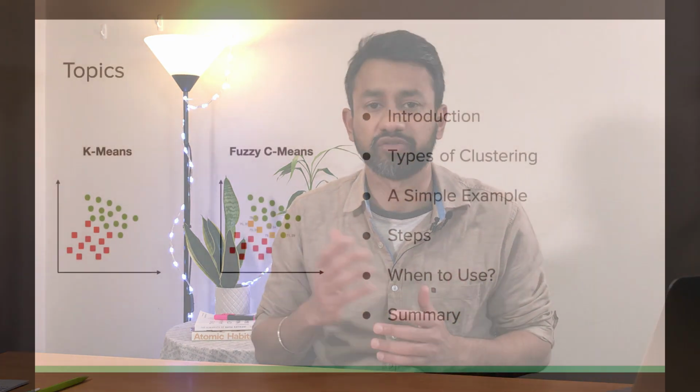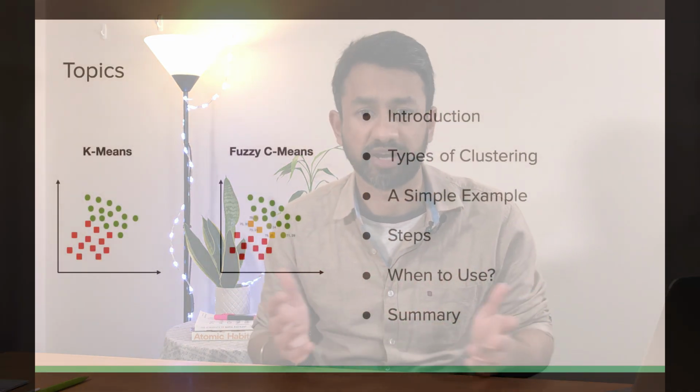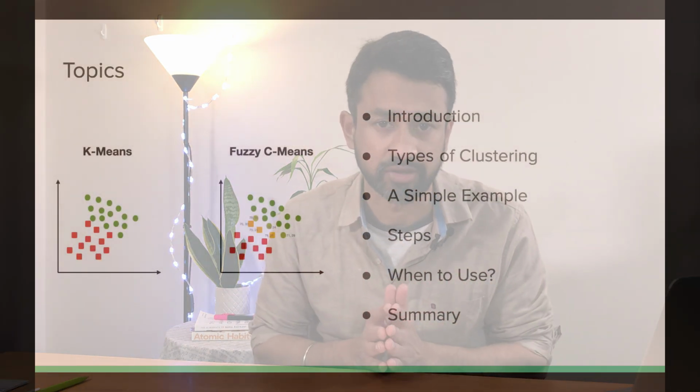So let's get into the algorithm and see what it is. Today in this video, as you see on my screen, we will go through the introduction, what the fuzzy C-means algorithm is, and the types of clustering. There are broadly two types: hard clustering and soft clustering. What are they, what are the examples, and in what scenarios can they be used?